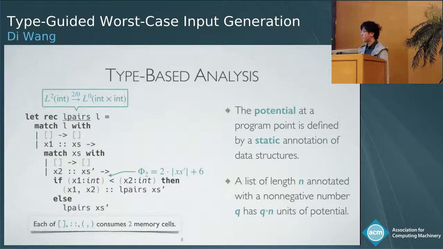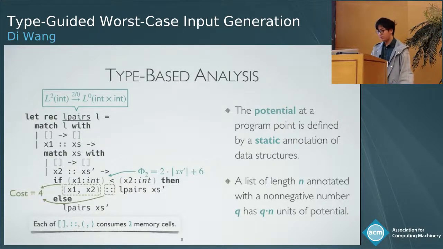Now, in this environment, we have 2 times the length of xs prime, where xs prime is the tail of the list xs. Now we can get 2 more units of potential from x2, so we have the plus 6 here. Now we have this conditional expression. As we know, the pair and the cons constructor will cost 4 memory cells in total. So after that, we'll have 2 times the length of xs prime plus 2 units of potential left over.